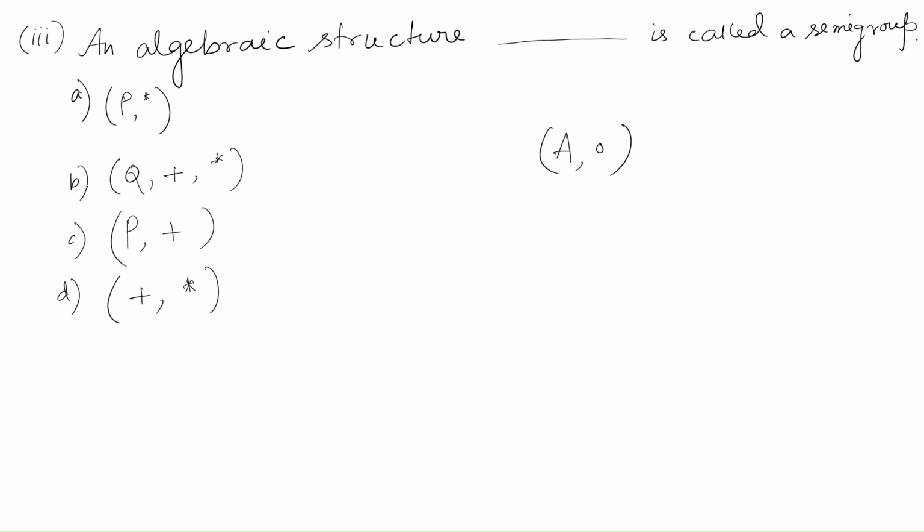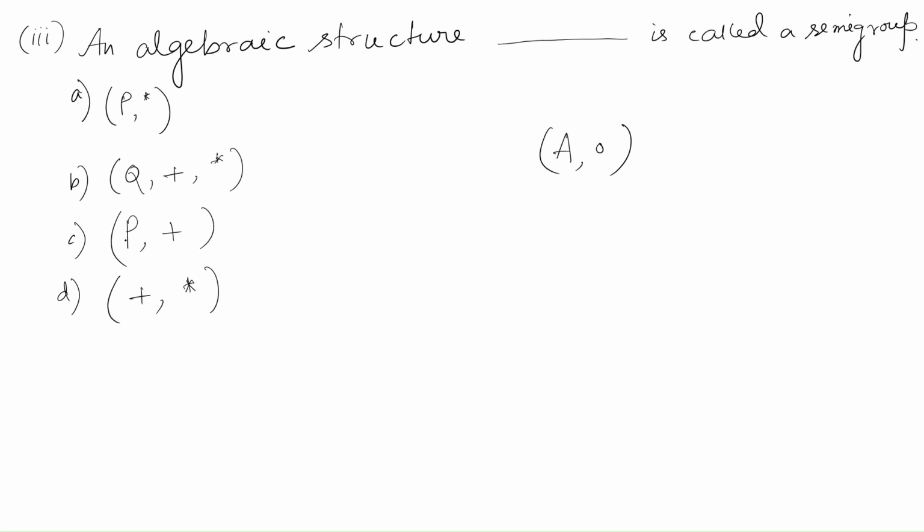Here in option B, there are two binary operations, addition and star. Two binary operations are not needed to be a semigroup for a non-empty set Q. So option B is not correct either. Option C is the only one that can be a semigroup.